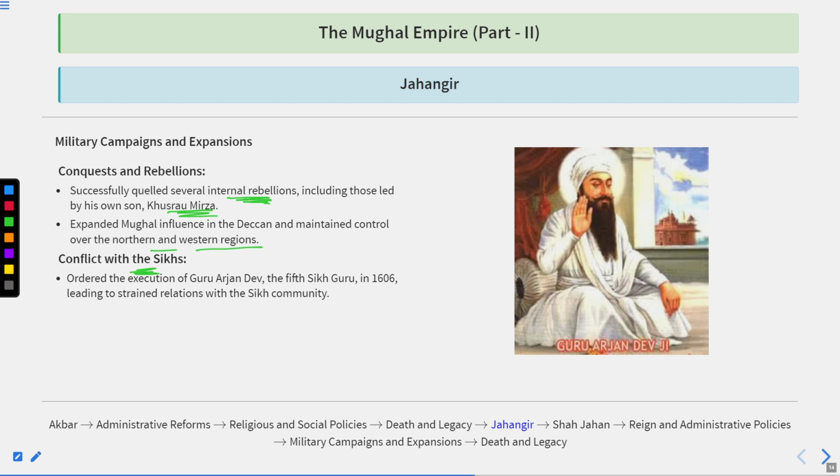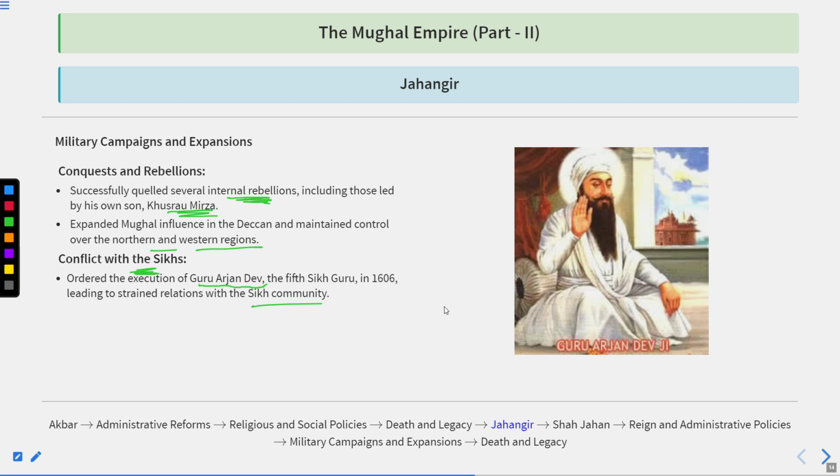He was also known for his conflict with the Sikhs, ordering the execution of Guru Arjan Dev, the fifth Guru, in 1606, leading to strained relations with the Sikh community. So he basically killed the fifth Guru of Sikhism, Guru Arjan Dev. Why did Jahangir kill the fifth Guru of Sikhism?